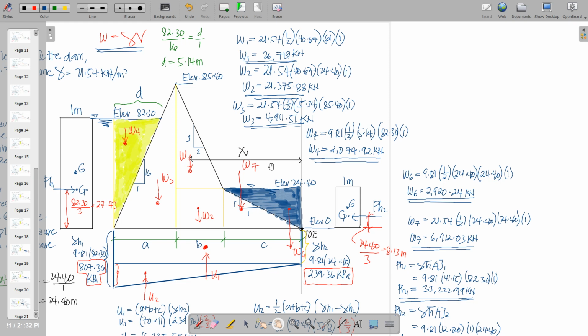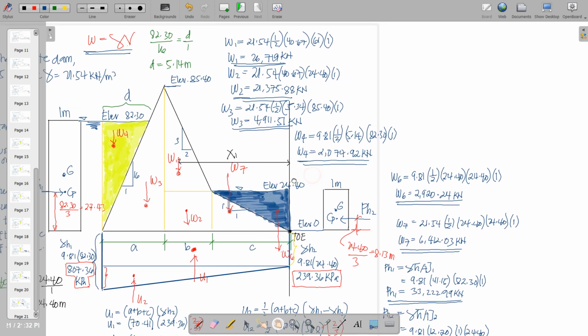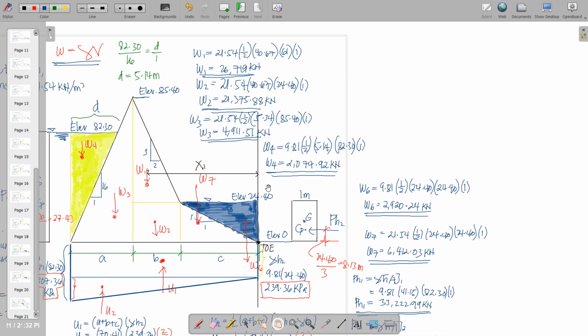So the next step here is to locate all of these forces from the toe so that we can determine the righting moment and overturning moments. So starting with W1, say we have a corresponding X1 to that. So where's W1? Here's W1.